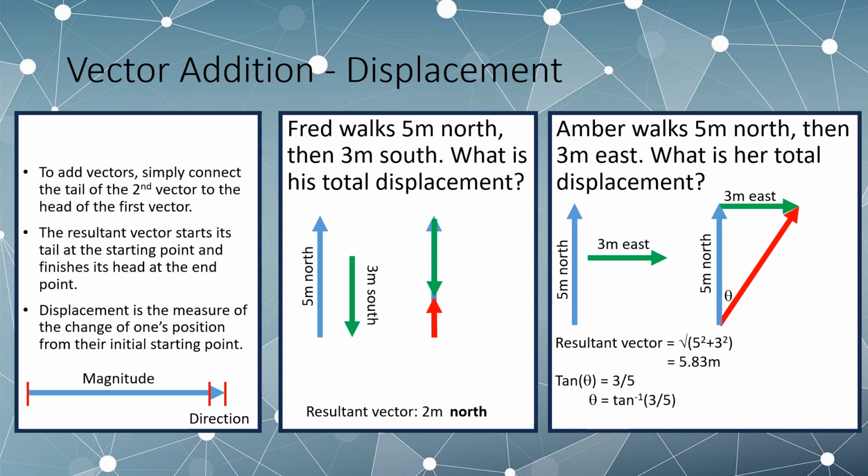That means our angle is equal to 30.96 degrees. Therefore, our final solution is 5.83 meters north, 30.96 degrees east, as we have moved 30.96 degrees away from that north line towards our east line on a compass.